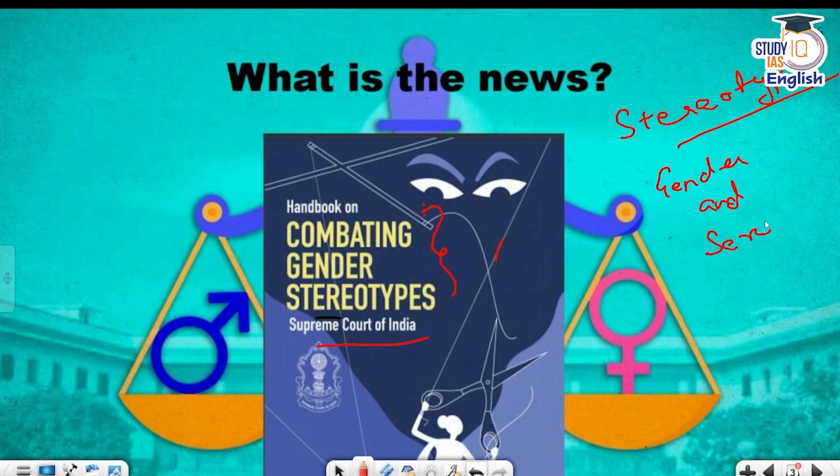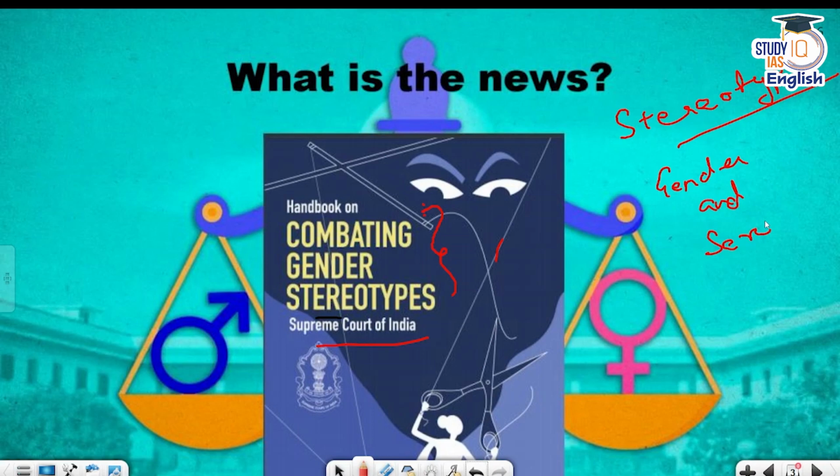Why does the Supreme Court need to release this particular handbook? It understands that as humans, we are filled with subconscious bias. We may not like to accept that we are biased towards a person if we do not know them completely. They must just look like a representation of a sample, but in actuality, they are beyond that.